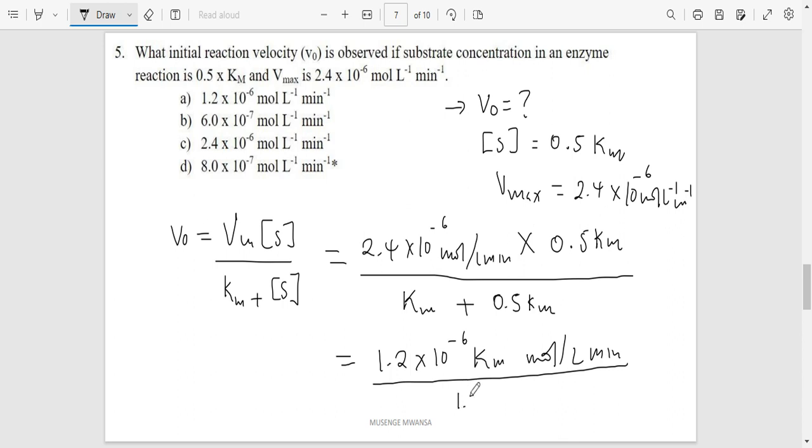This is going to give us 1.5 Km. So this Km is going to cancel with this Km. And then I'm going to say 1.2 times 10 to the power negative 6 divided by 1.5. And that is going to give us 8 times 10 to the power negative 7 mole per liter minute. So that is going to be the answer, which is this one here.